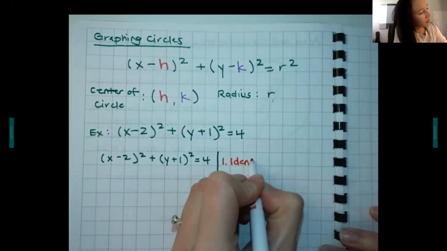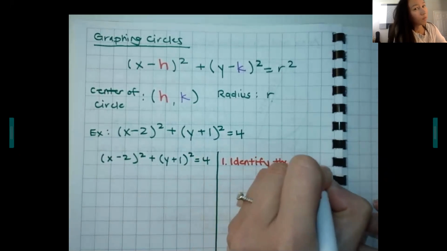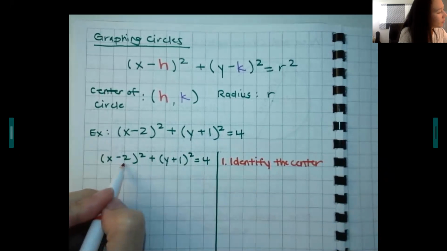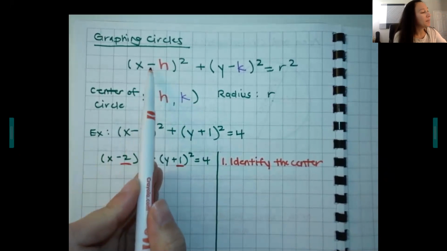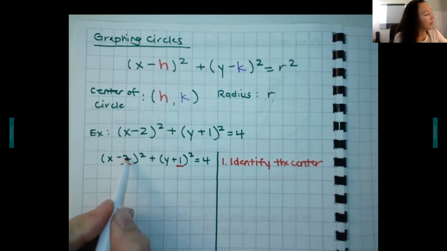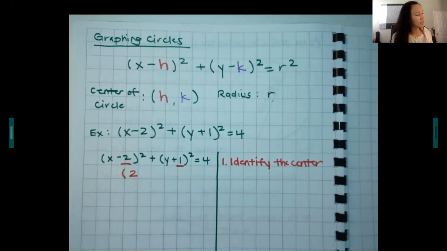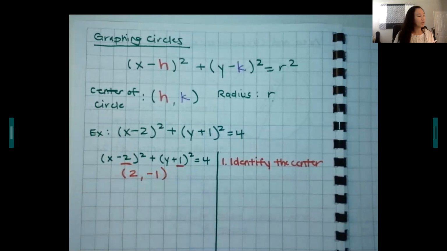First you want to identify the center. So here's our h and here's our k. Since it's a minus, you always just flip the sign for your h. Since it's a minus 2, our h is going to be a positive 2. And since it's a positive 1, we flip the sign and it's a negative 1. So our center is at (2, -1).